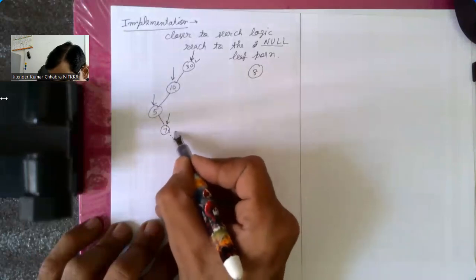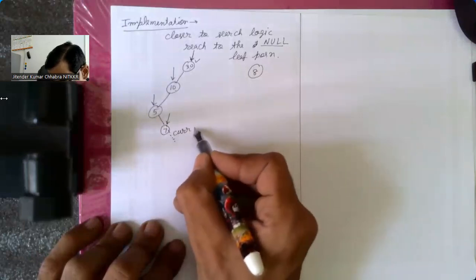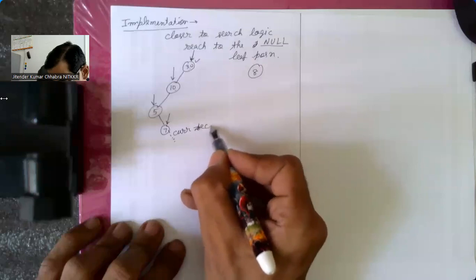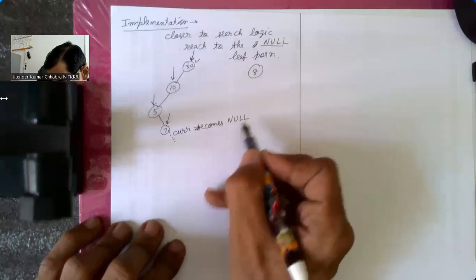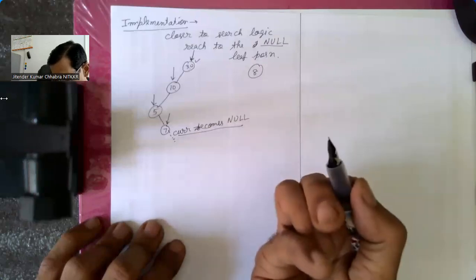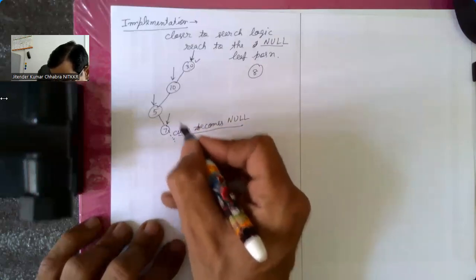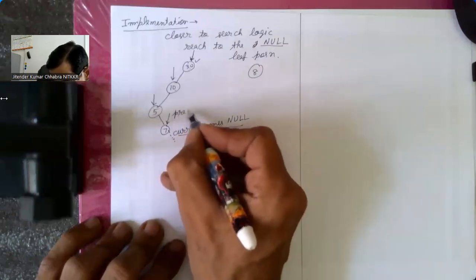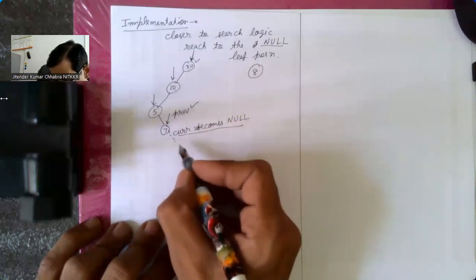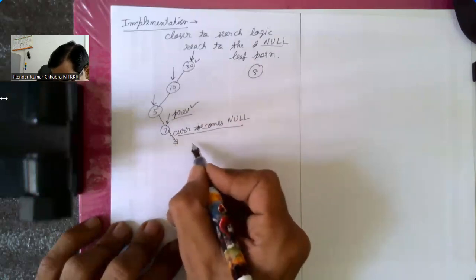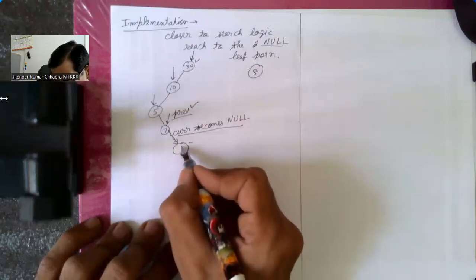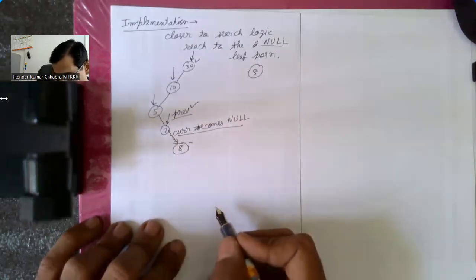So the only thing is, in search, your current becomes null, and then you have the correct position found. But once you reached null, insertion will not be possible. So just before current, my previous link should have been stored, and I know previous, then I will be able to say previous arrow right equal to this current node.